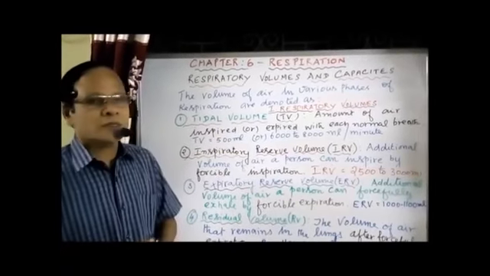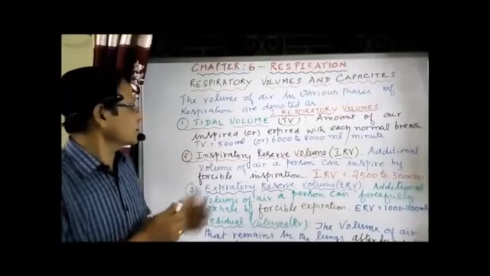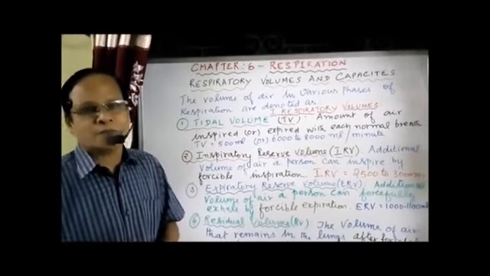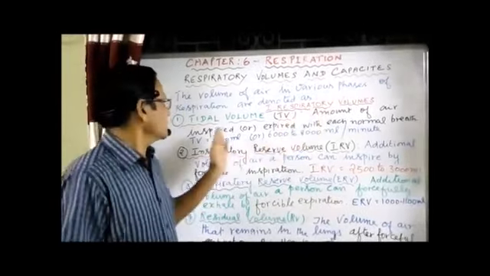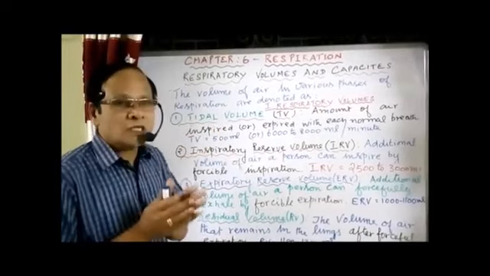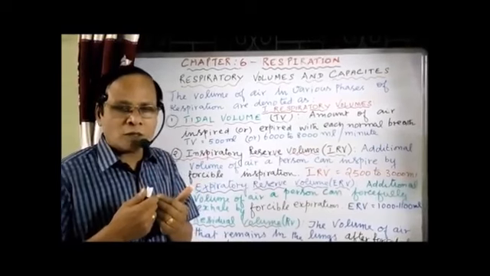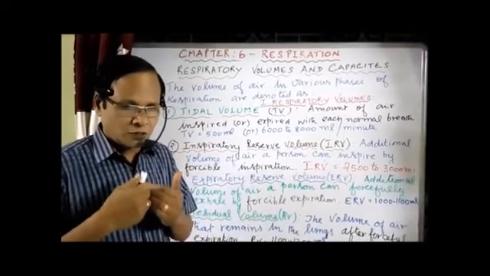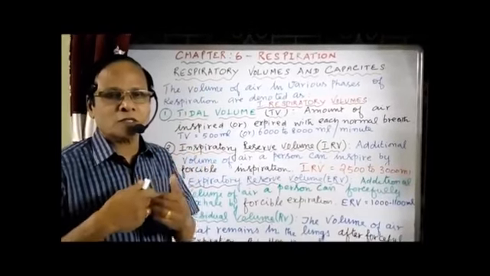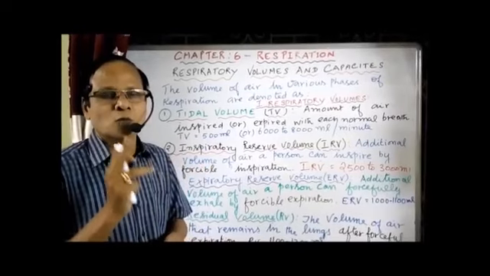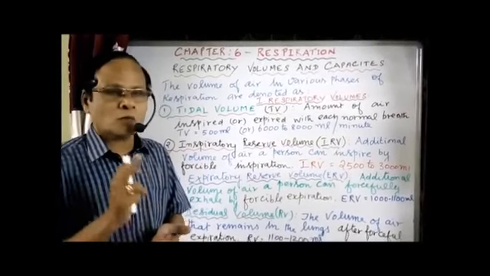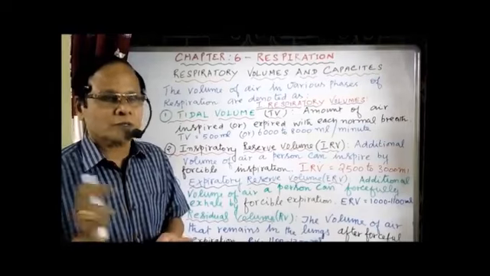As in the book, it is the amount of air that is inspired or expired with each normal breath. One normal breath includes inspiration and expiration together, called one ventilation.